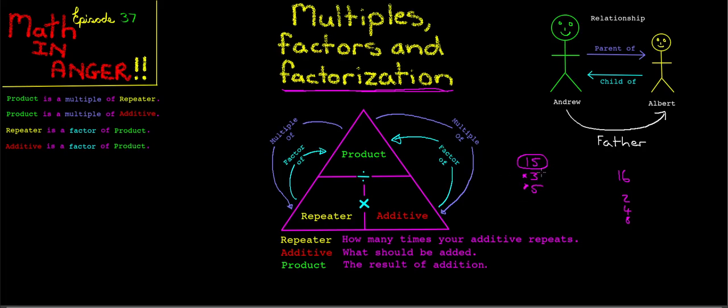And factorization is the process of finding the list of factors for a product. Okay? We will learn how to do factorization. But now you know that it is the process of finding factors for a product or a multiple. Right?